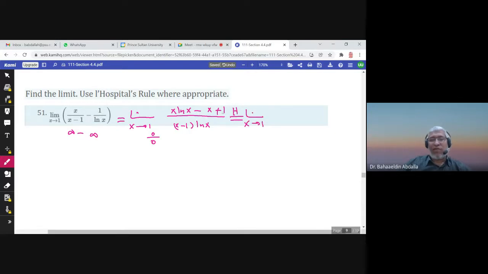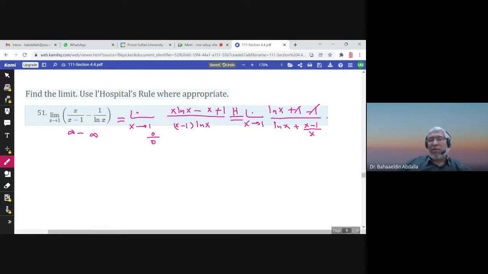Derivative of x ln x is 1 times ln x, plus x times 1 over x, the derivative of ln x, so this is 1. Derivative of negative x is negative 1, and these two cancel. In the denominator, I have a product. The derivative of x minus 1 is 1 times ln x, plus x minus 1 over x.